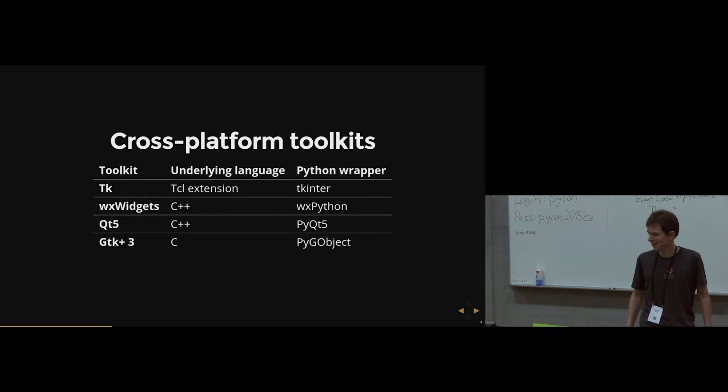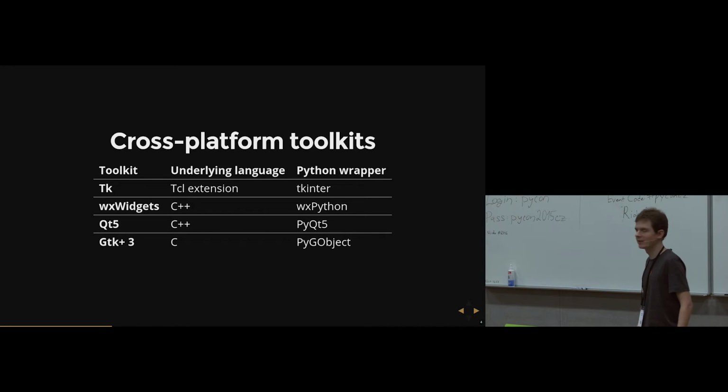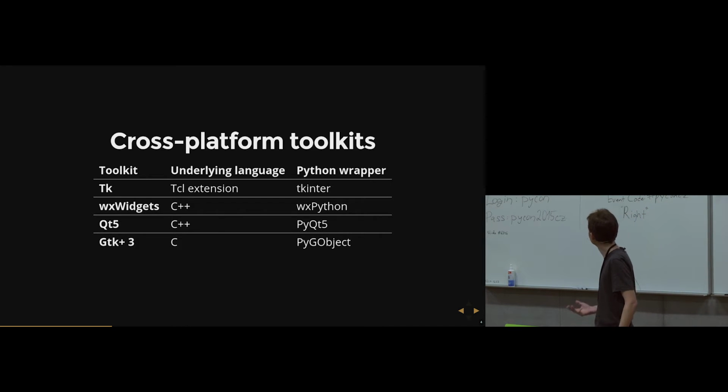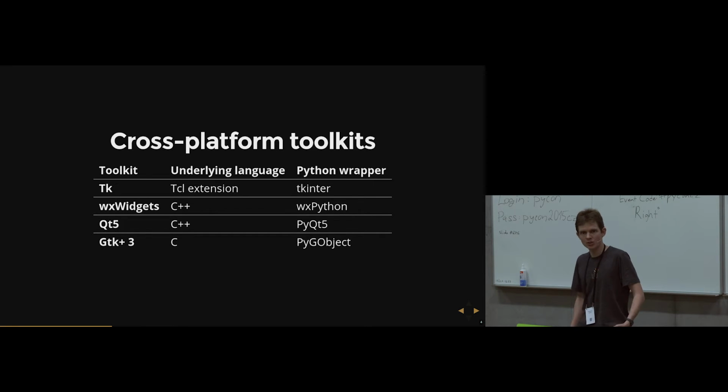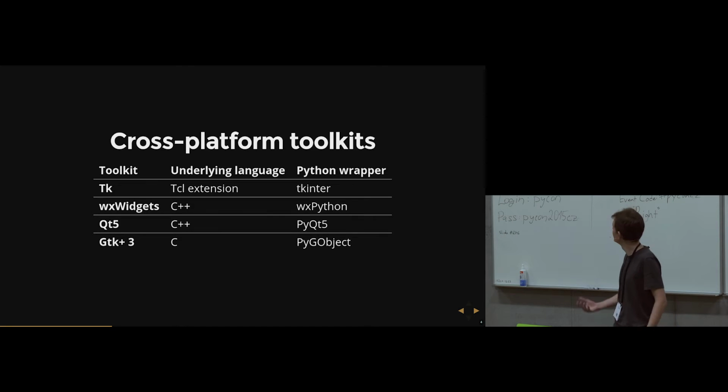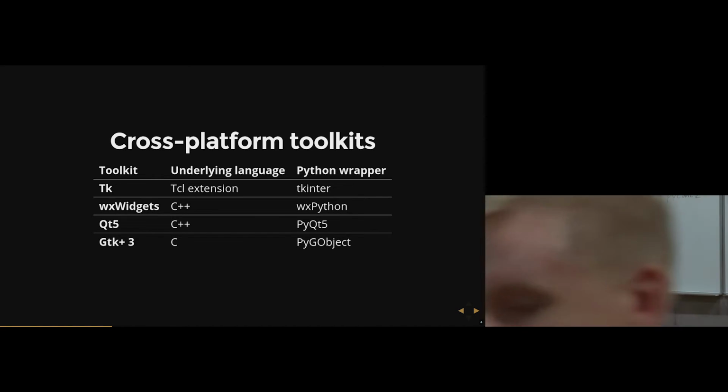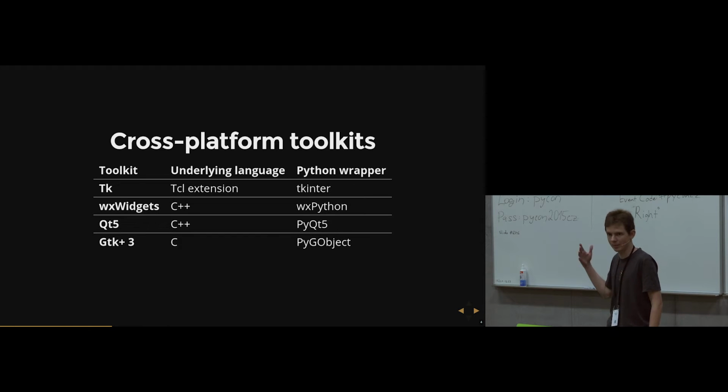So for Python, there are some very common ones. Basically, none of them is written in Python, right? They are written in either C, C++, or TCL, which maybe you are not familiar with at all. And there's always a library for Python, which is basically a wrapper, which wraps the C code or C++ code or TCL. And why is this important? Because sometimes we don't have good documentation for the library in Python.